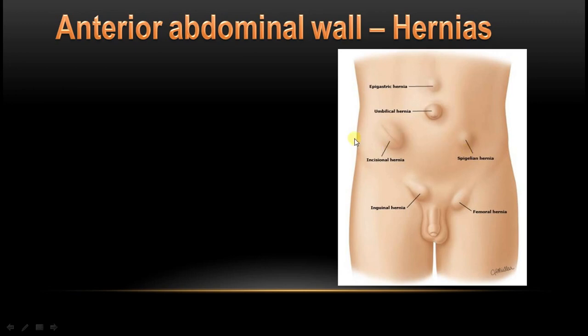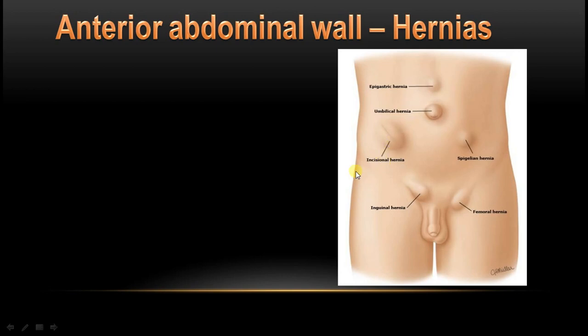Okay. Incisional hernias. Any incision, if it is not sutured properly, or the incision itself is not properly carried out or not repaired properly, might create a weakness in that area of the abdominal wall, and herniation of the contents might take place. That is called incisional hernia.